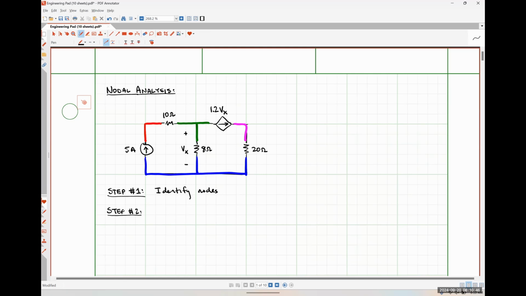Our second step is going to be to choose a reference or ground node. What I mean by this specifically is that we are just going to simply assign one of these 4 nodes to be the reference point for our entire circuit.